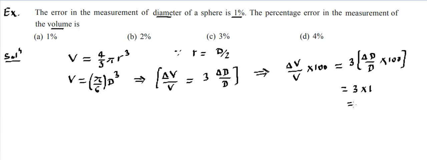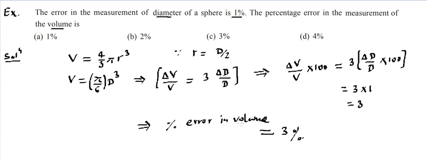That's how much? 3, which we can rewrite as the percentage error in volume will be equal to 3%. Then we can see which option is matching. Options are 1, 2, 3, 4%. So we will say 3% becomes the right option.